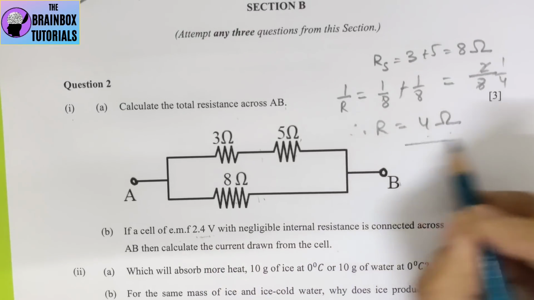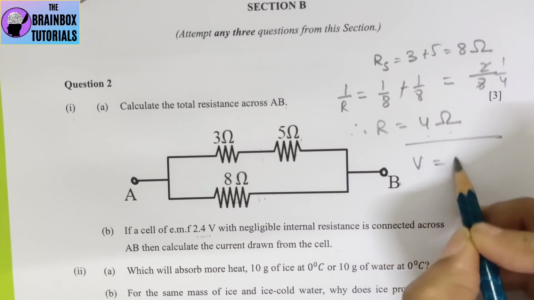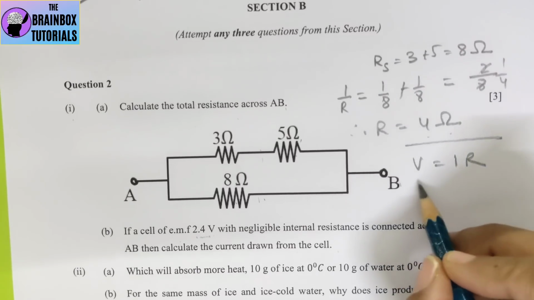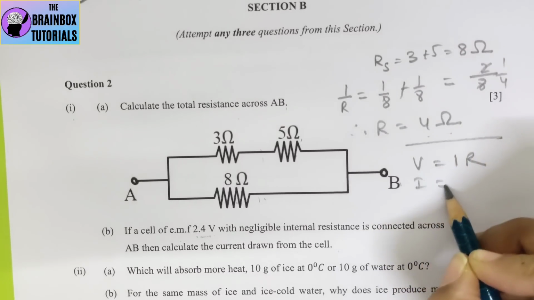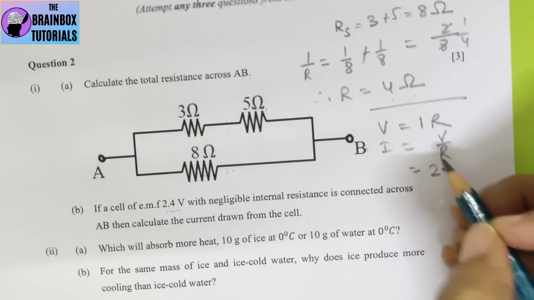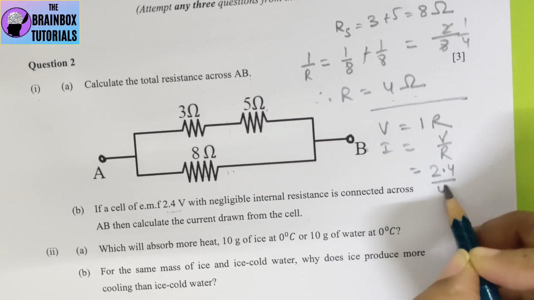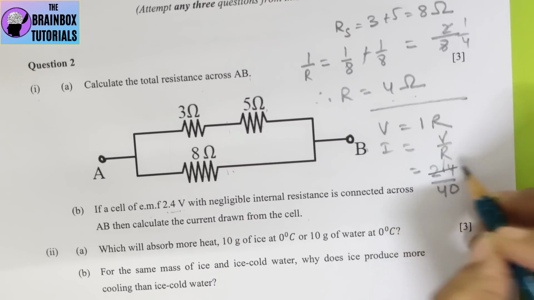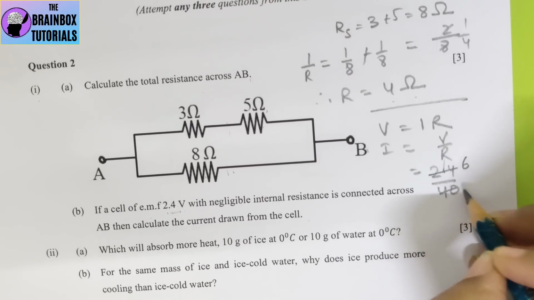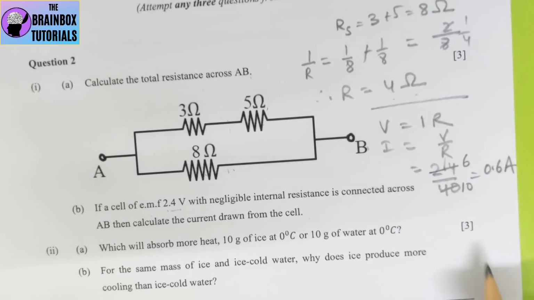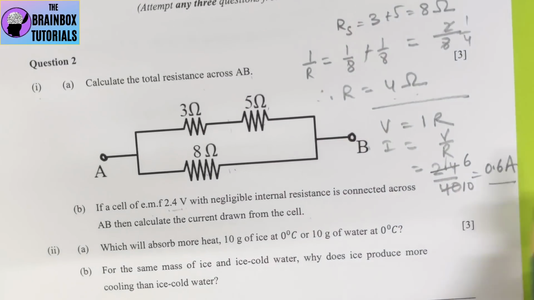So by using Ohm's law, V is equal to IR, we can find out the current, that is I. So I is equal to V by R, or 2.4 upon 4, 24 by 40 is equal to 0.6 ampere. This is the correct answer.